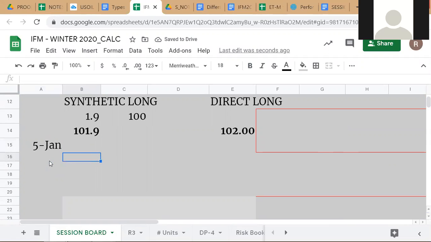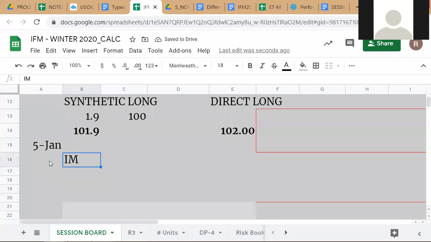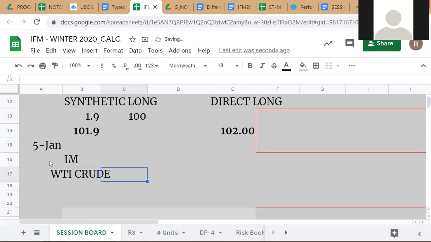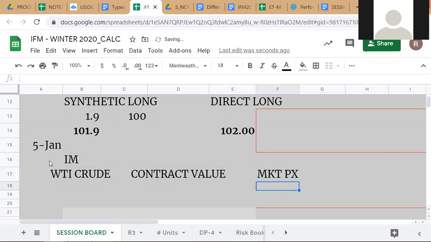So if you see, IM typically is around. Say let's take CL, WTI crude, which is going to be one of your contracts. The contract position value, basically. The market price is, let's say, 47.5. Okay, the price per barrel.